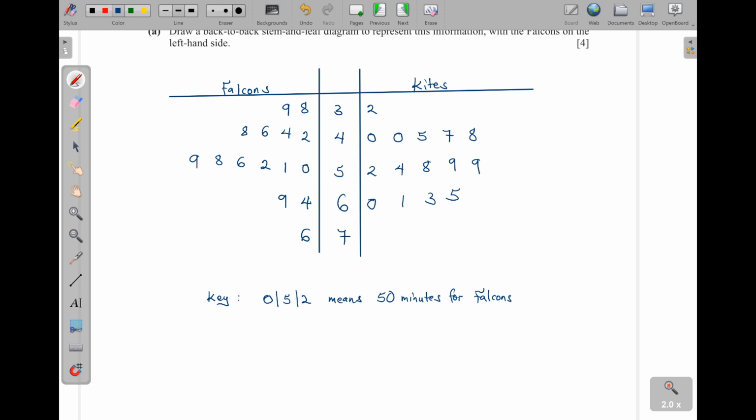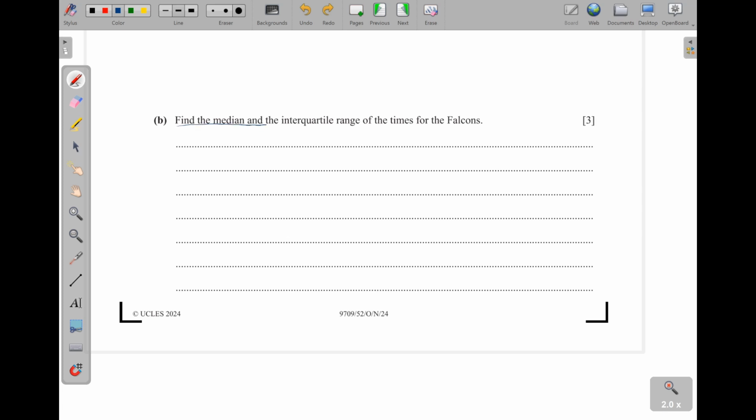Now I have 52. On the right, we have the Kites, and 52 minutes for the Kites. As simple as that. Part B: find the median and the interquartile range of the times for the Falcons.